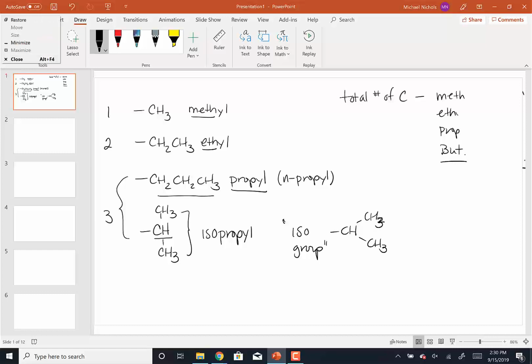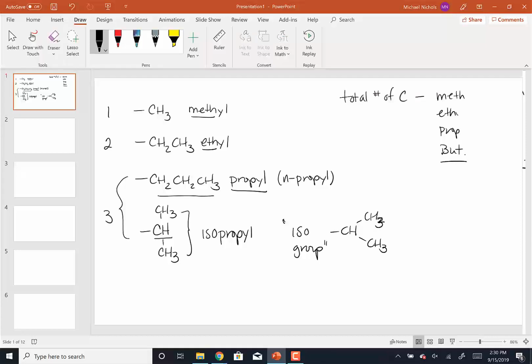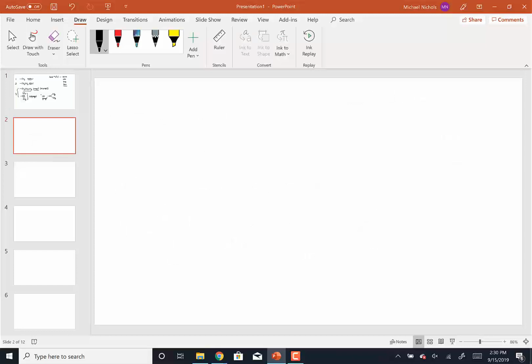Now when we go to the 4-carbon groups, the ones you'll have to know, first of all, starting with a 4-carbon straight chained group, this is what's called a butyl group. Again, in the older literature it's called an N-butyl group, but the butyl group is what's currently in vogue.